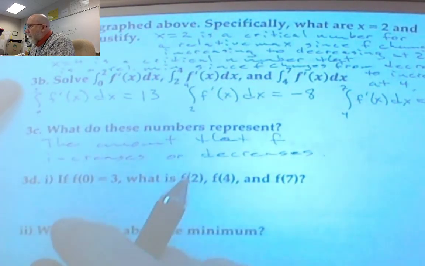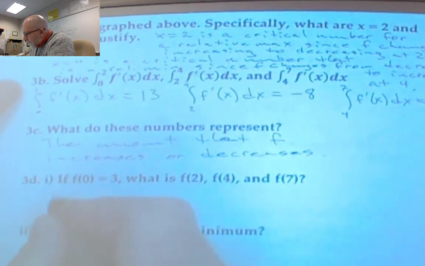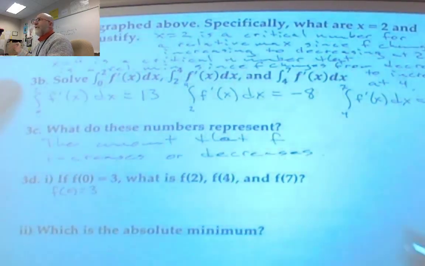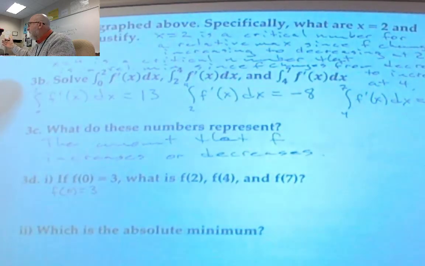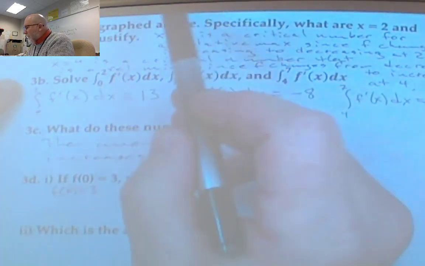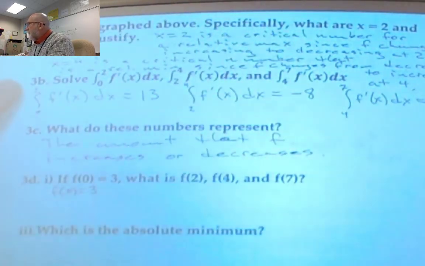You also, Abby, have a hard problem. You're told f of 0 equals 3. That's the initial value, folks. That's the y-intercept, isn't it, of f. And I know it's increasing from 0 to 2, correct? I know how much it increased from 0 to 2. 13, correct?